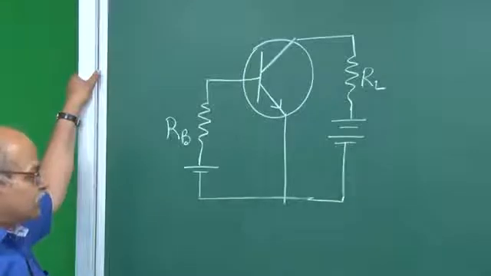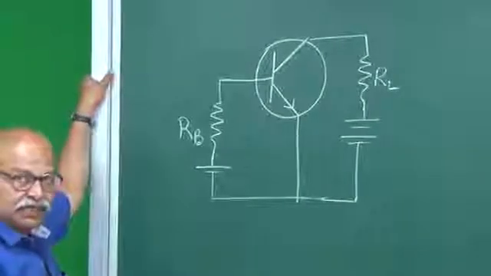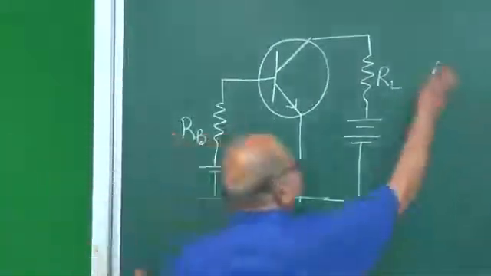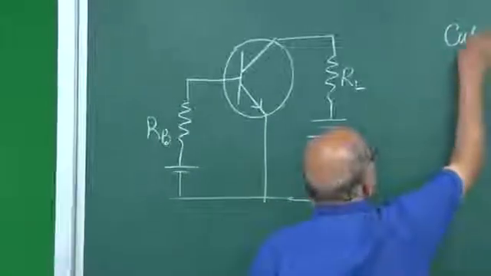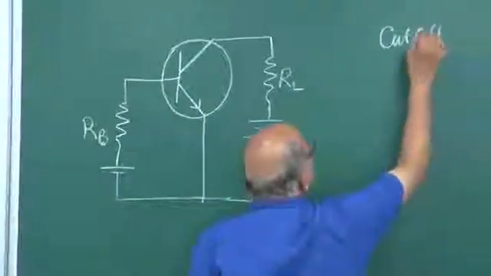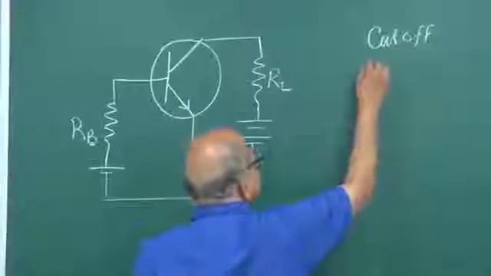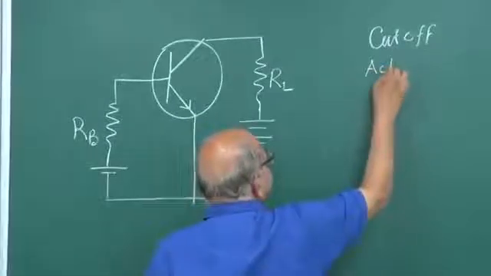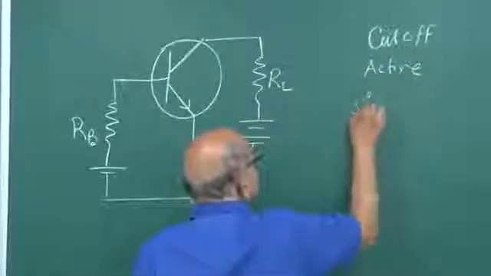And then there are three regions of operation. One is known as cutoff, one is known as active, and one is known as saturation.